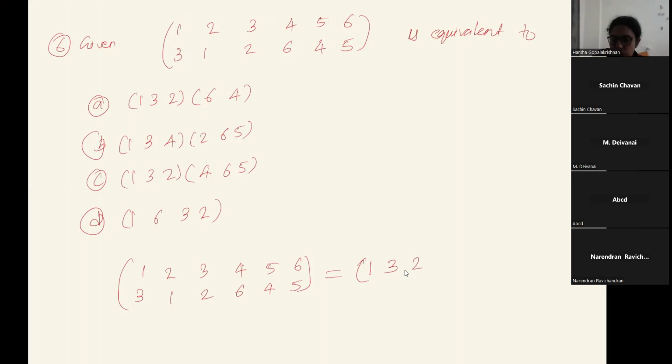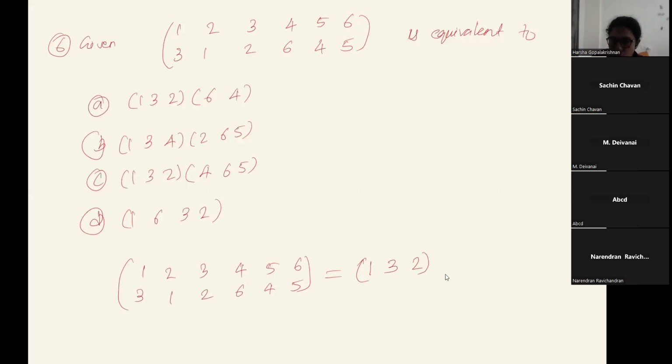What is the image of 2? 1. But we started with 1, so the cycle is going to repeat. 1 is going to 3, 3 is going to 2, 2 is going to 1. So this cycle is closed here. So we covered 1, 3, 2.